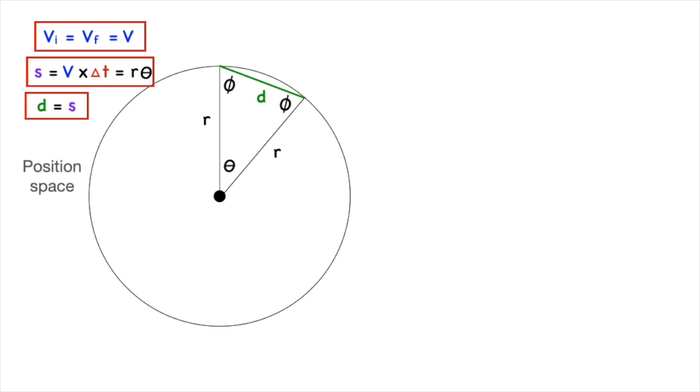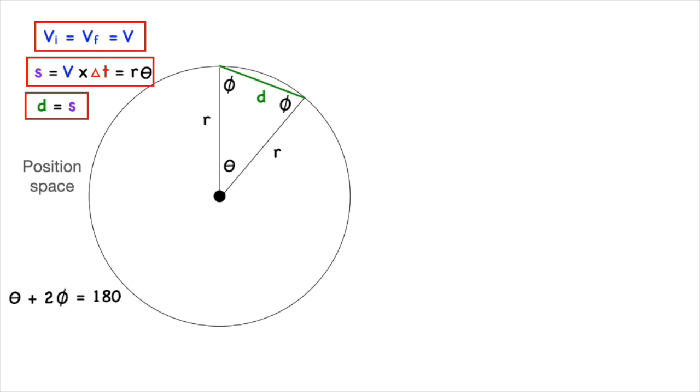Let's label them phi. As in all triangles, these three angles must add up to 180 degrees. So we write theta plus 2 phi equals 180.